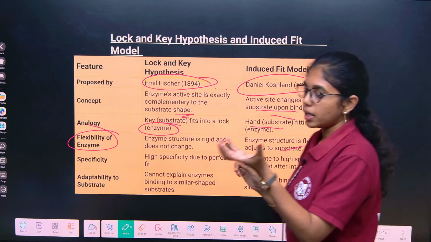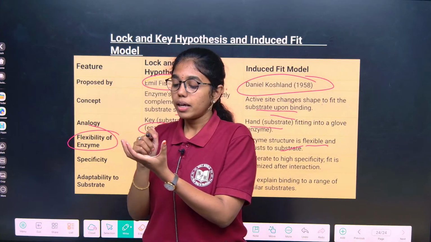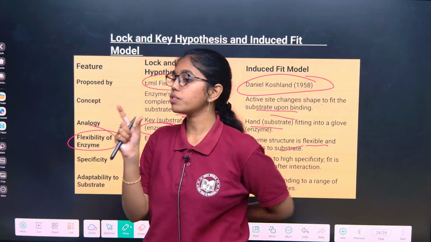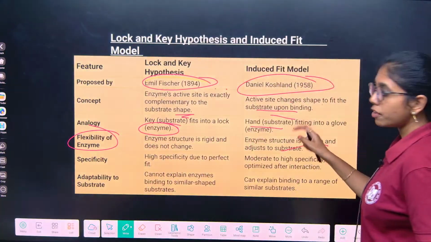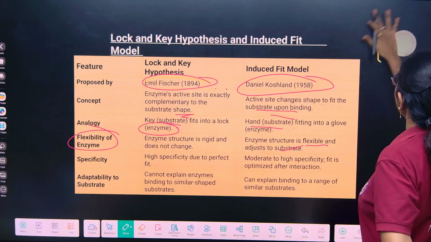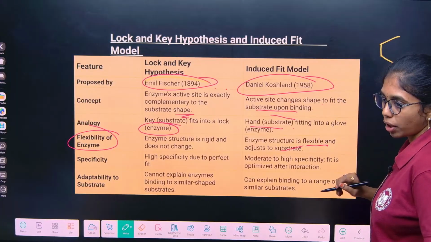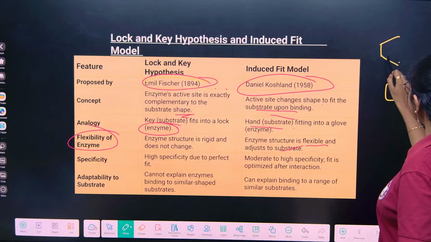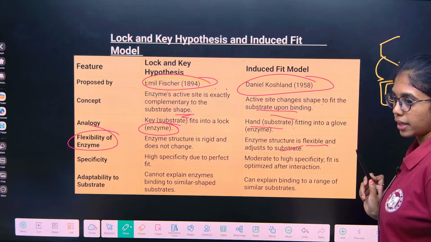The place where the substrate is coming and fixing is important. In the lock and key hypothesis the active site is rigid, to which the substrate will come and bind. But here the active site is flexible. For example, this is the shape of the active site according to the induced fit model, where the substrate is like this, and the active site can turn to this shape. That is the thing.